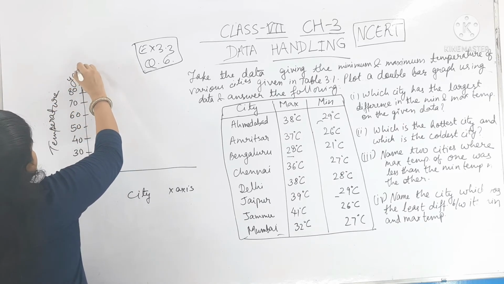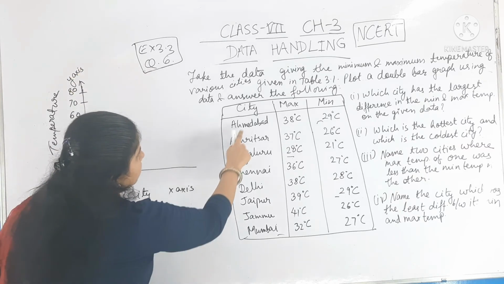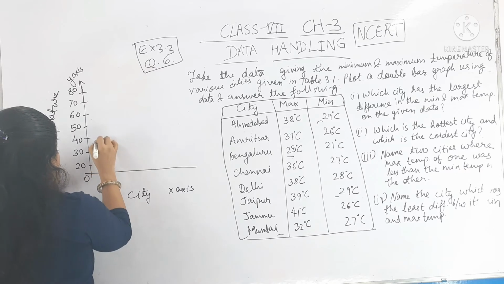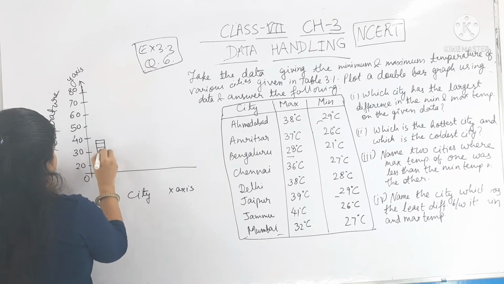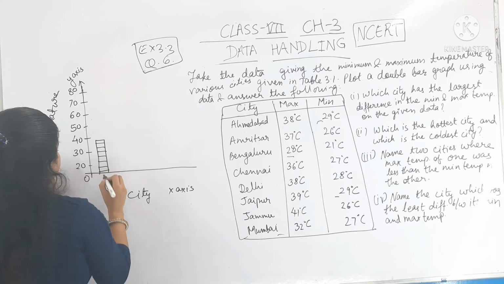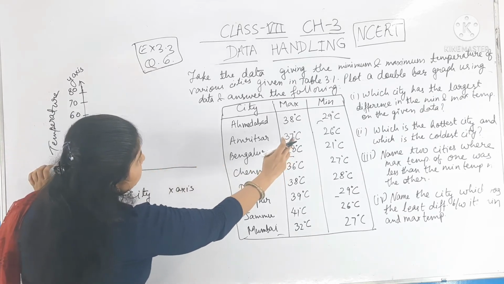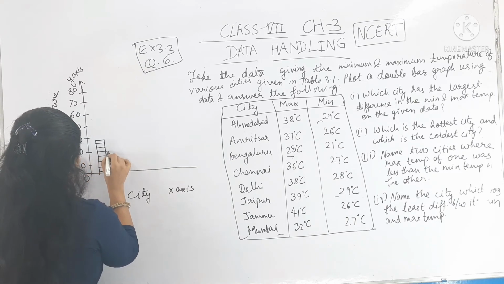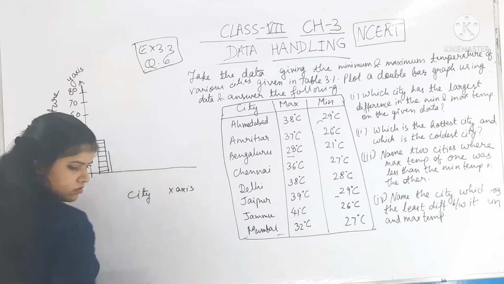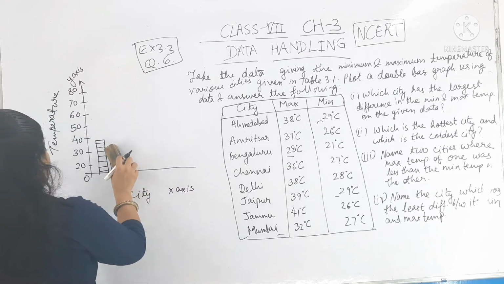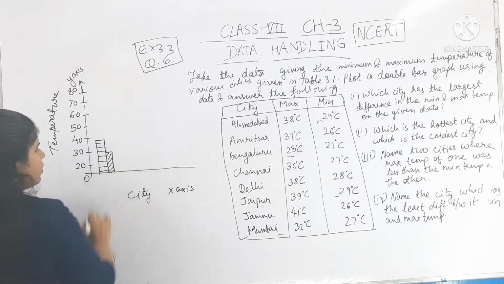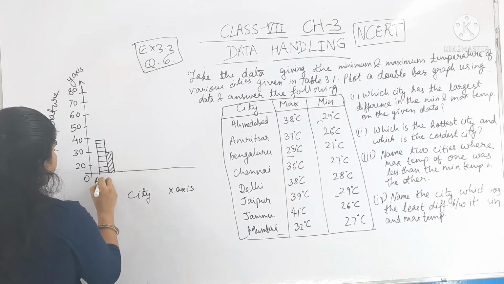This is the y axis. For Ahmedabad, 38 degrees Celsius is given, somewhere here. Plot like this. The minimum is 29 degrees Celsius, 1 centimeter below 38. So this is for Ahmedabad.